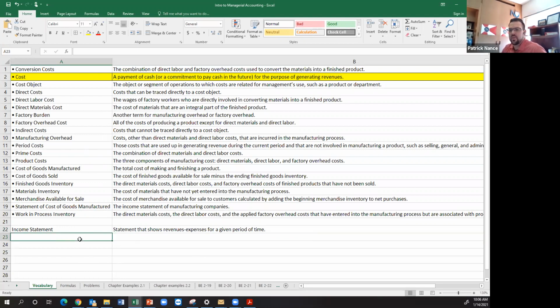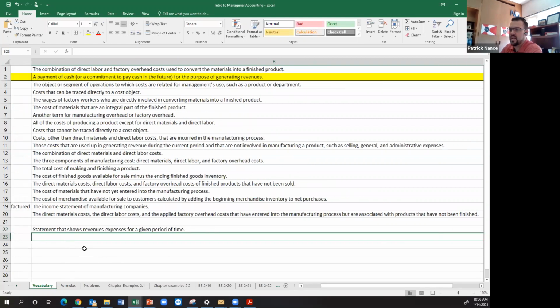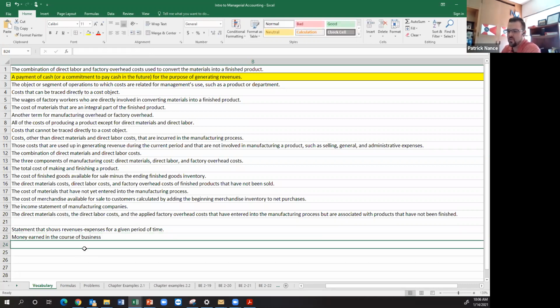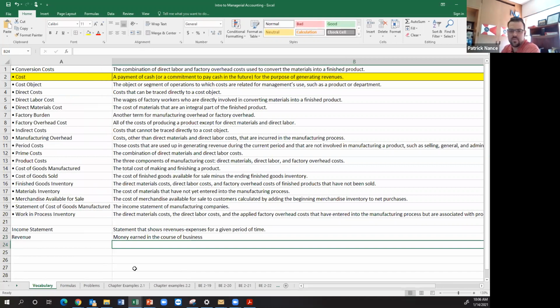Revenue, to make sure we're clear on what that is, is how much money we bring in. Revenue is not equal to profit. Revenue is purely money earned in the course of business. So it has to be earned in the course of whatever the business is in the business to do. So for Walmart, this would be selling things. For a CPA firm, this would be performing tax or audit work or consulting work.